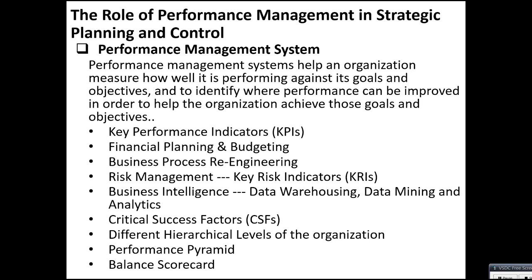Every month or every week, you check how much you have sold and what your target is. Your target is $10 million, and you check what you have achieved in 1 week, 2 weeks, 3 weeks. Every week you will review it. This is an example of a performance indicator: how much percentage you have achieved right now.